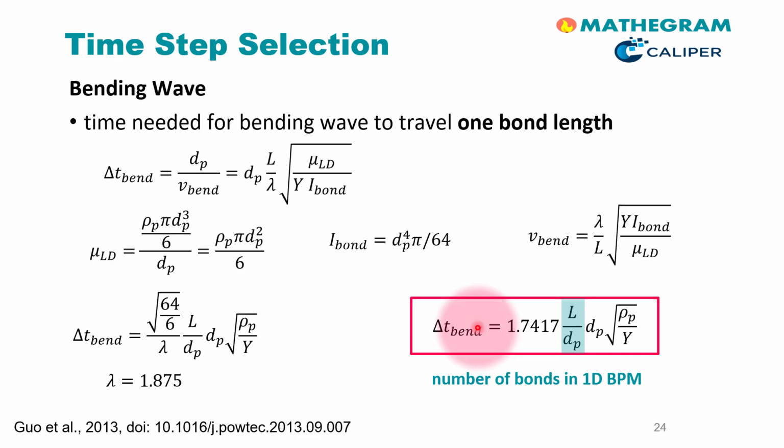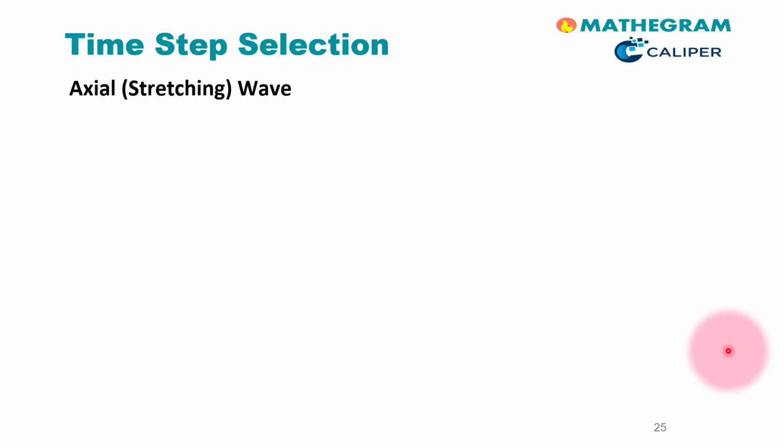The question is now, how small are the other time scales connected with the dynamic behavior of our 1D BPM? To answer this question, we have to analyze two more vibration modes: the axial or stretching mode of vibrations and the twisting vibration.